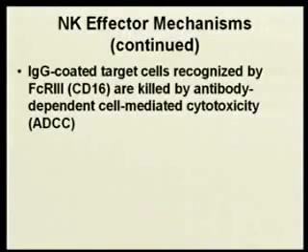The Fc portion will bind to CD16. That will then activate the NK cell to kill that target. So two methods. One, lack of MHC class 1 will lead to recognition by the NK cell. And two, if a pathogen is coated with antibodies, the NK cell can recognize it through CD16, which is its Fc receptor, and that leads to killing. So those are the two main ways in which an NK cell can recognize pathogens.